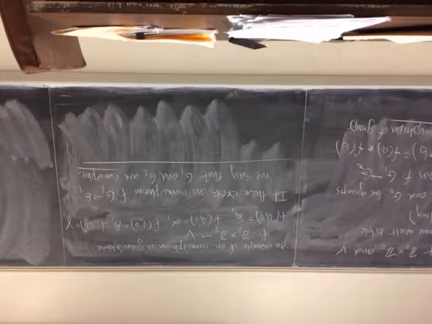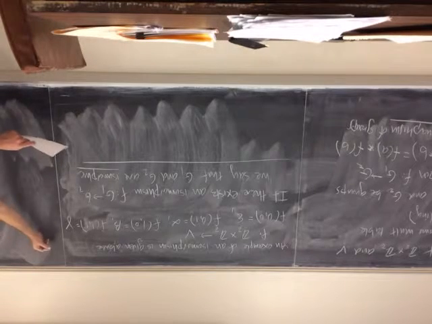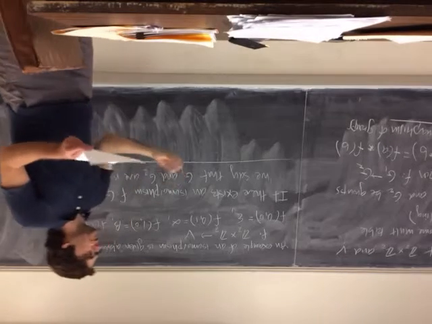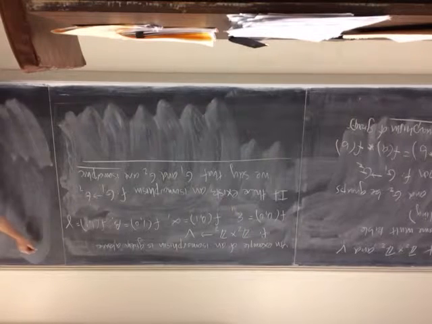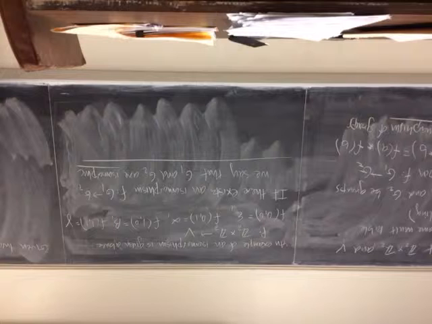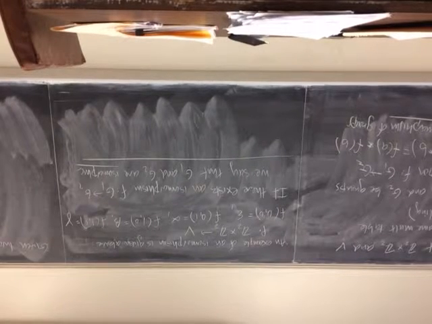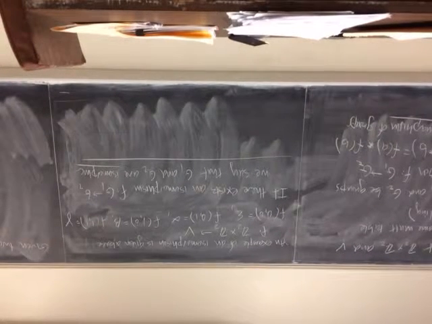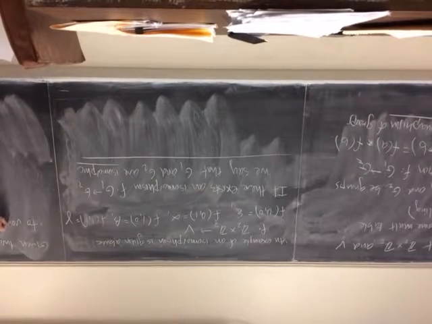So maybe the comments I want to make are sort of two things. If you give me two groups, how do you show they're isomorphic? And if you give me two groups, how do you show they're not isomorphic? And what are the techniques for both of those? So given two groups, G1 and G2, I won't say too much about this because this is where we'll go after the test a little bit.